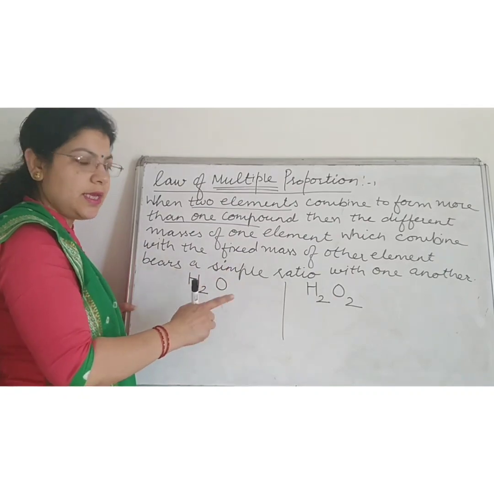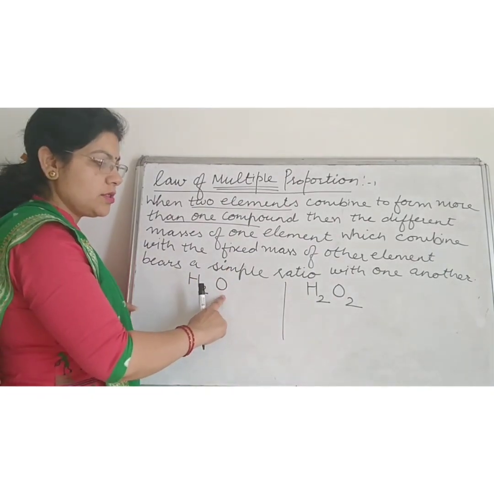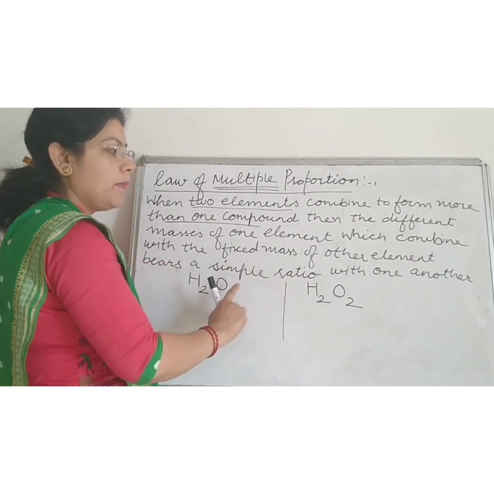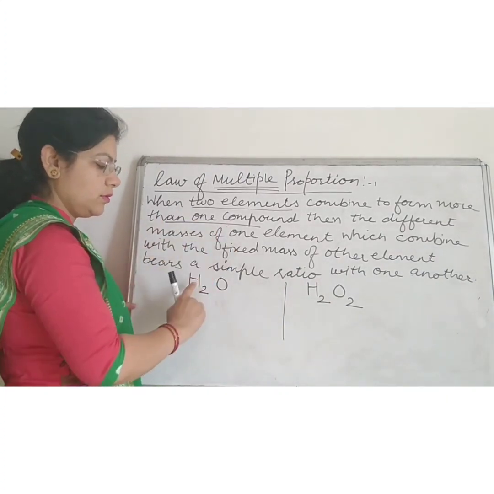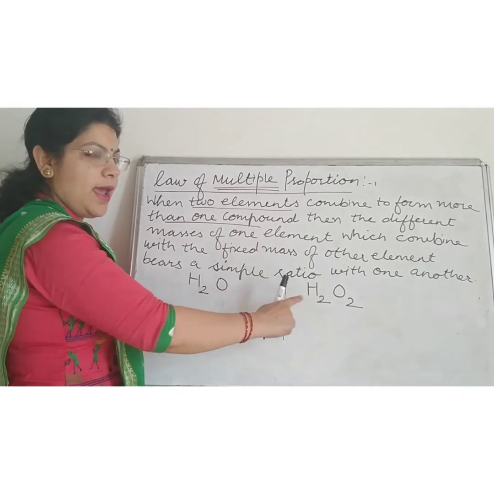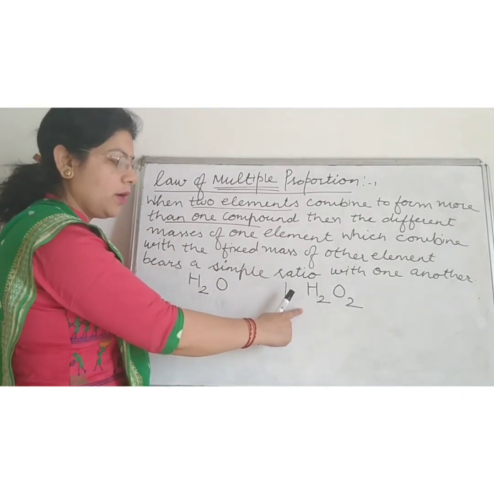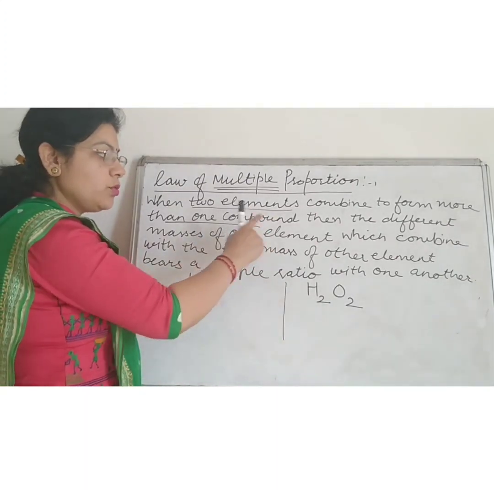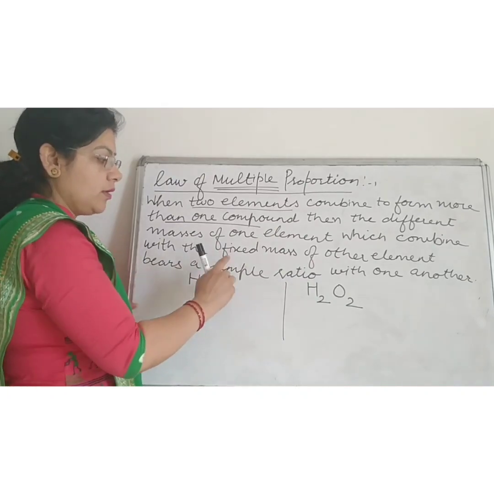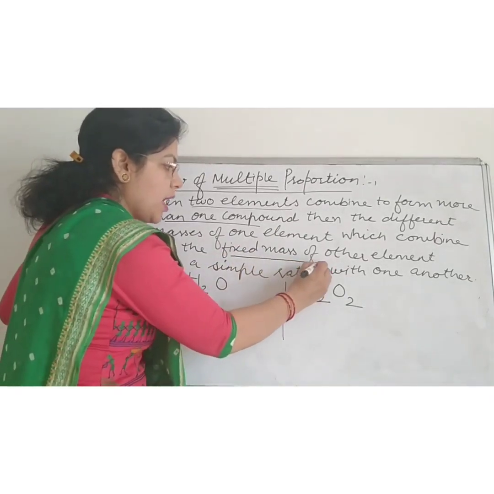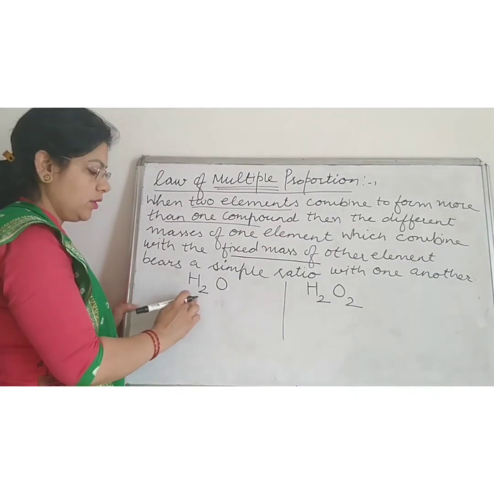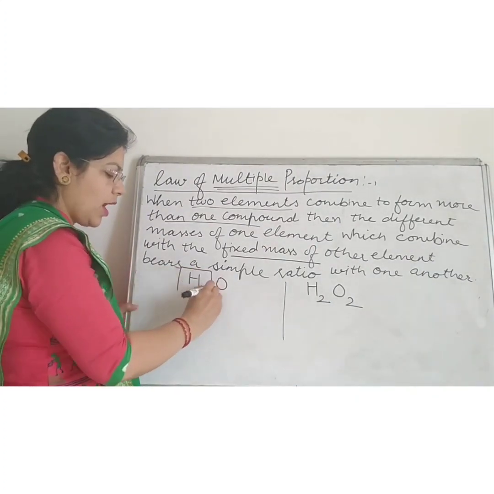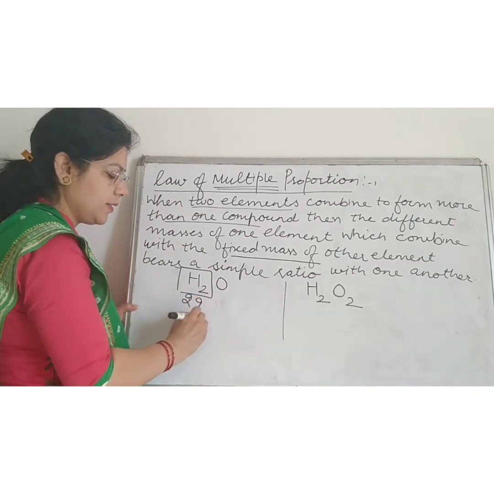The elements are the same, that is hydrogen and oxygen, but the compounds are more than one, that are water and hydrogen peroxide. According to this concept, when we fix the mass of one element, let us take, we fix the mass of hydrogen, that is 2 grams.